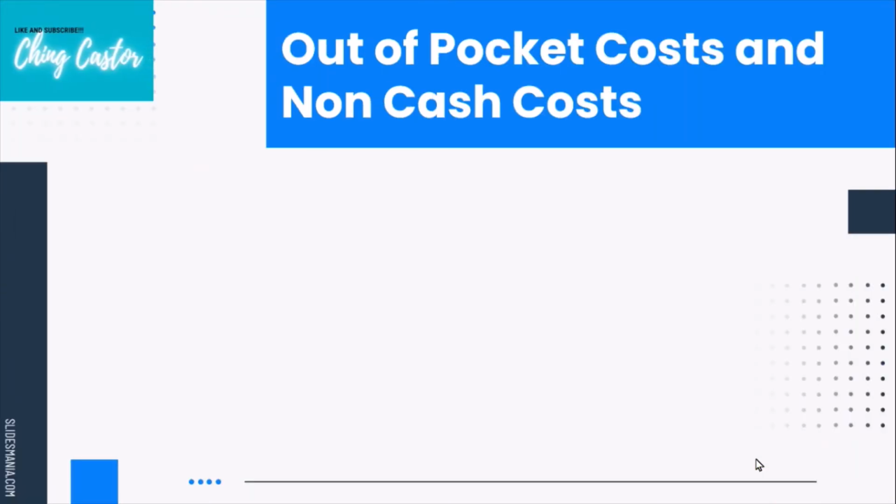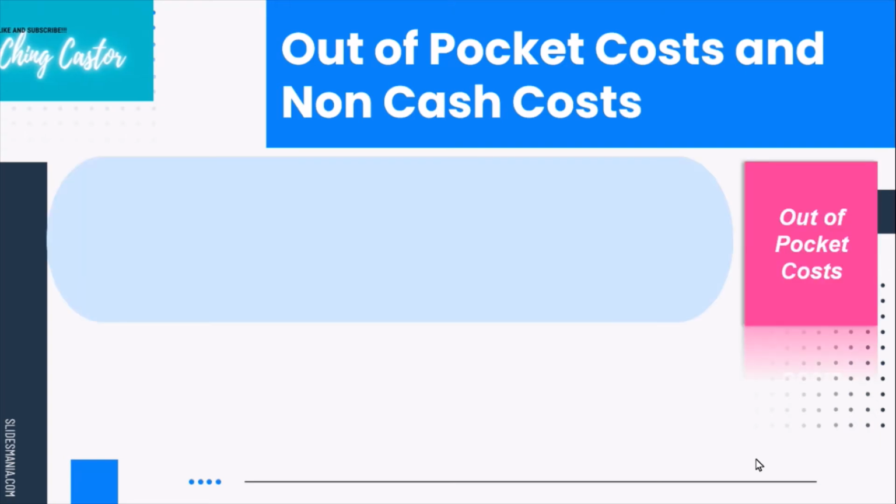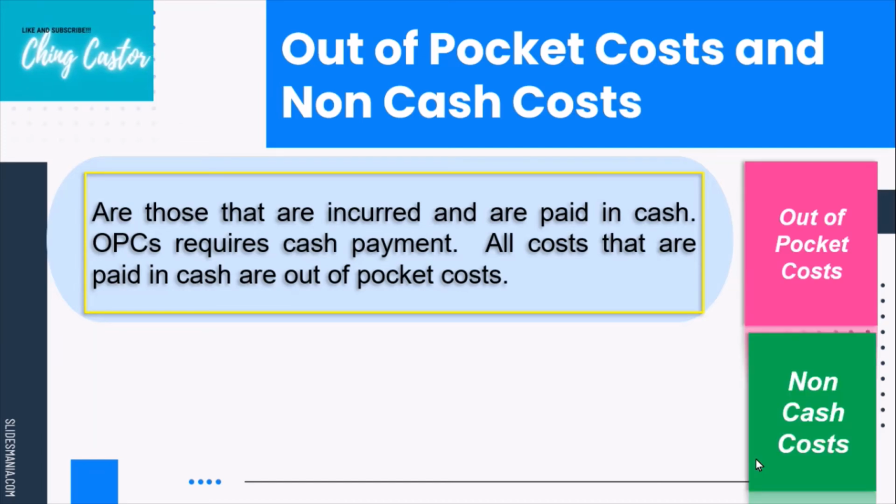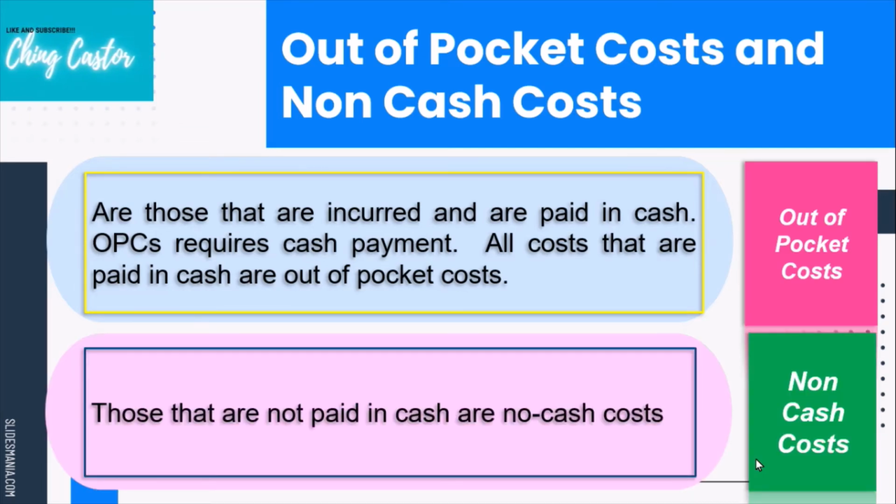Out-of-pocket costs and non-cash costs. So, when you say out-of-pocket, they are those that are incurred and are paid in cash. So, out-of-pocket costs requires cash payment. So, all costs that are paid in cash are what we know as the OPC or the out-of-pocket costs. Non-cash costs are those that are not paid in cash or a no-cash cost basis.